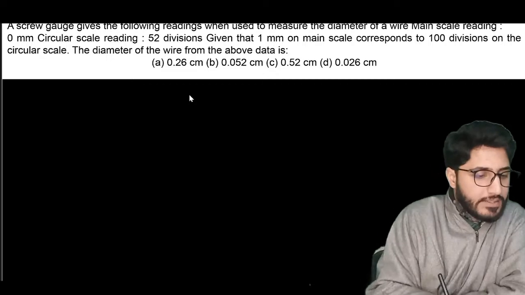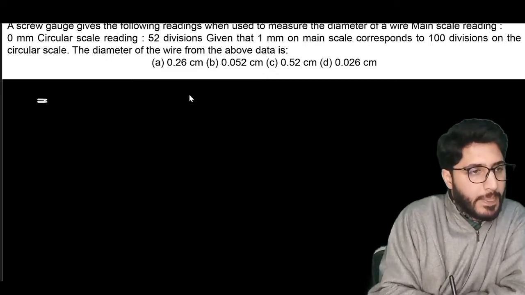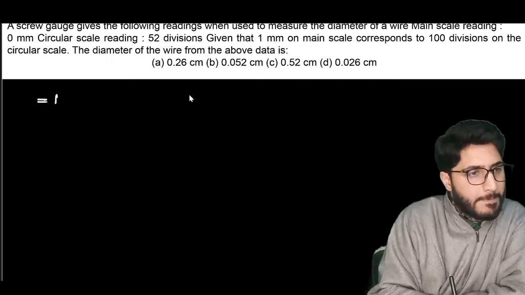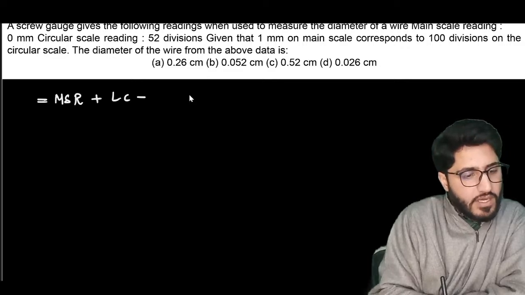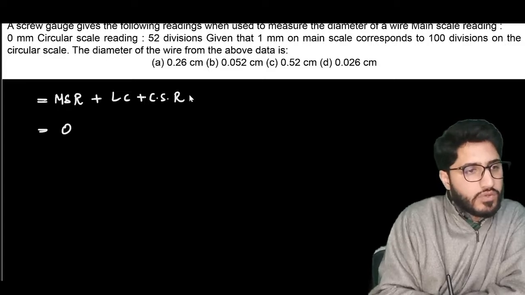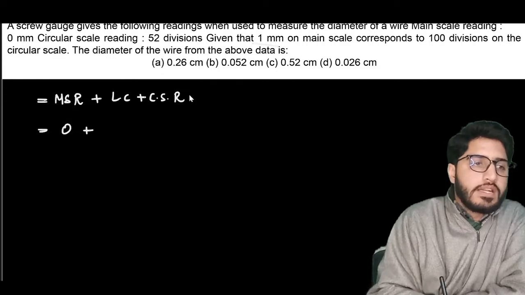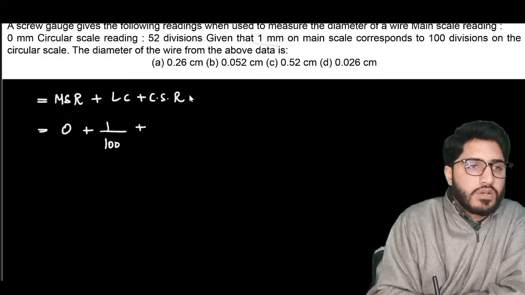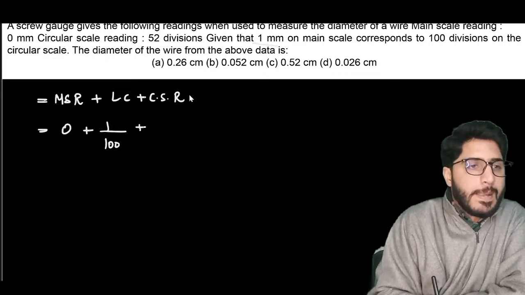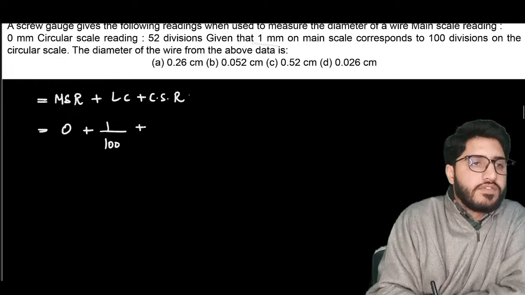So we know what we need to write: main scale reading plus least count times circular scale reading. I think the main scale reading is 0, given to us. What is the least count? It is 1 mm divided by the total number of divisions, 100. Circular scale reading is 52 divisions, it is not 1, so we have to multiply by 52.